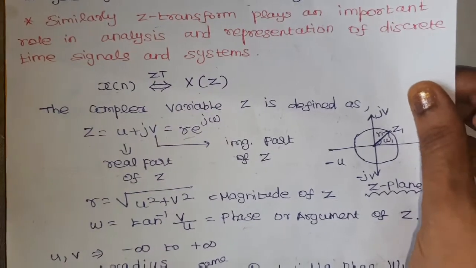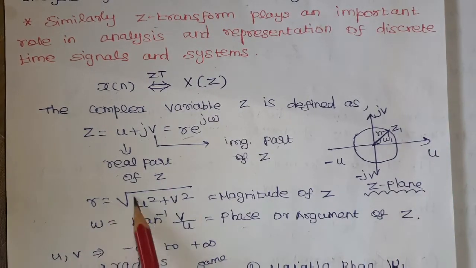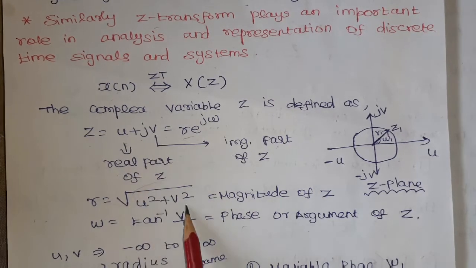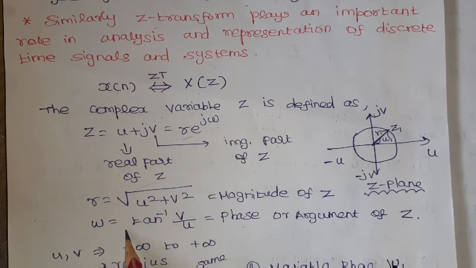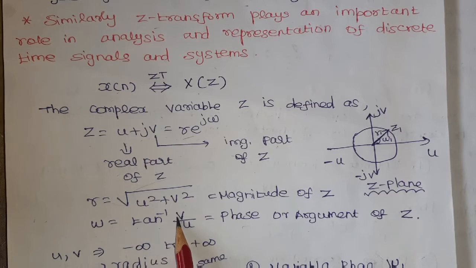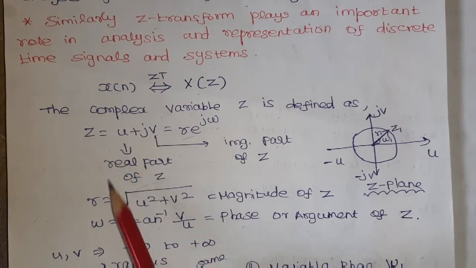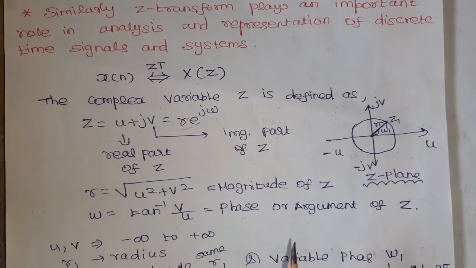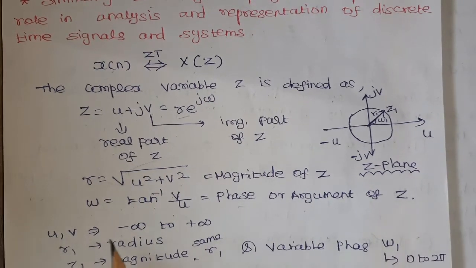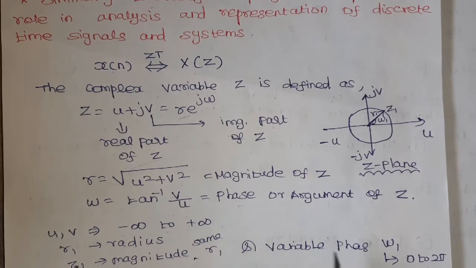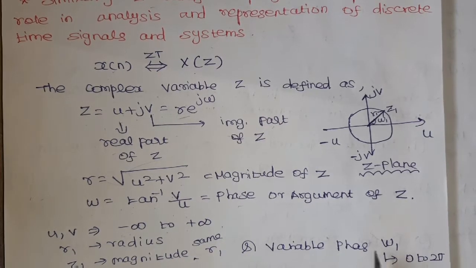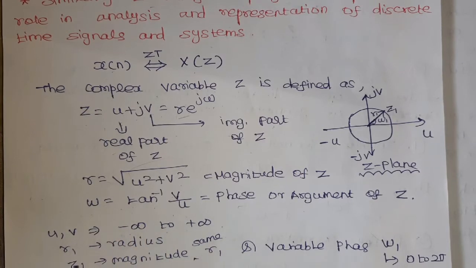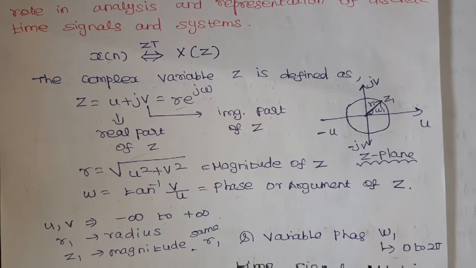r is equal to the square root of u squared plus v squared. Omega is equal to tan inverse of v by u, imaginary part divided by real part, where u and v range from minus infinity to plus infinity, whereas the phase omega ranges from 0 to 2 pi.